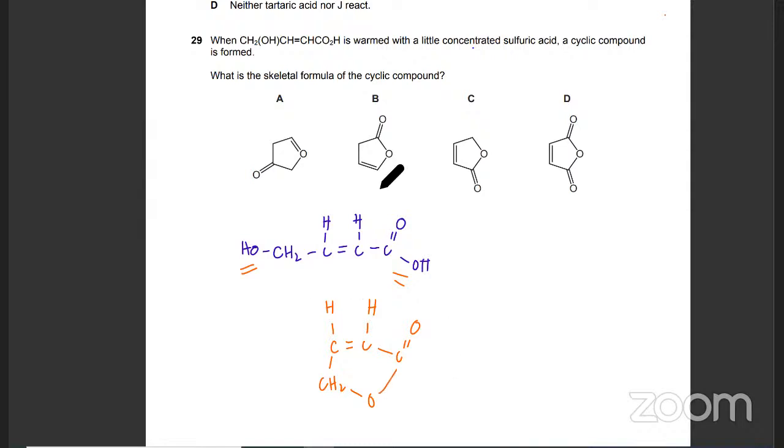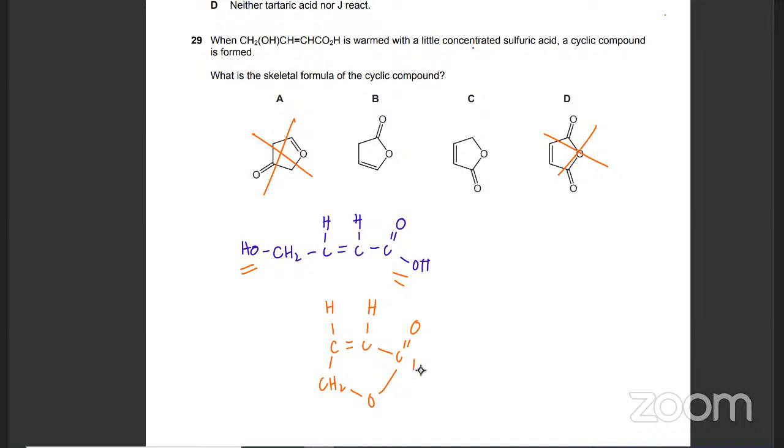So which one is the correct one out of the four? I mean, this is gone, this is gone. It's got just one C double bond also. So does it look like C?